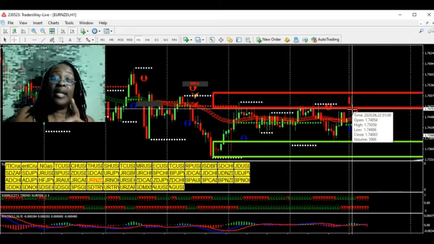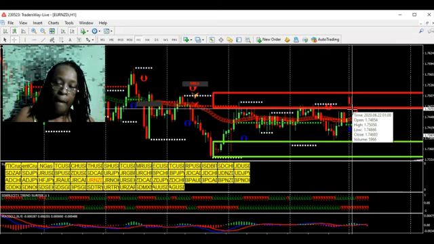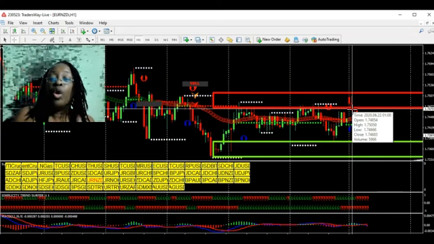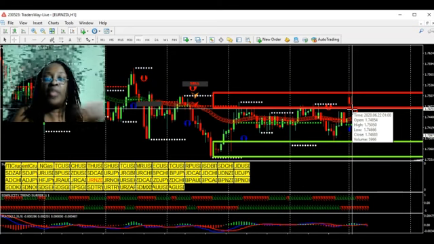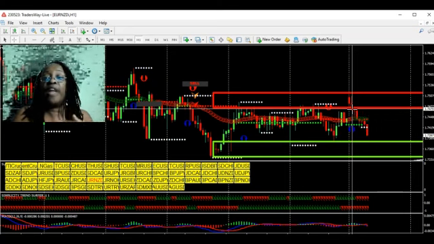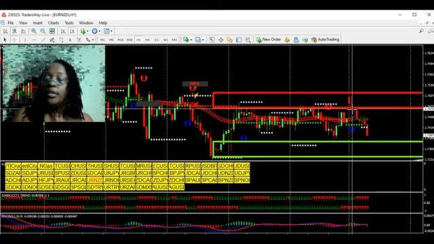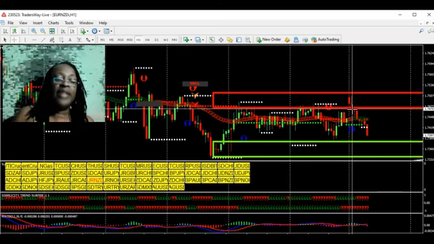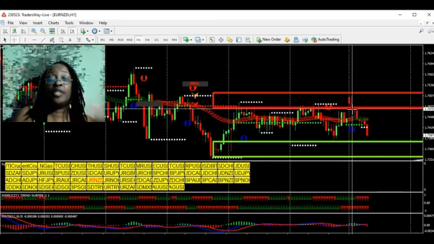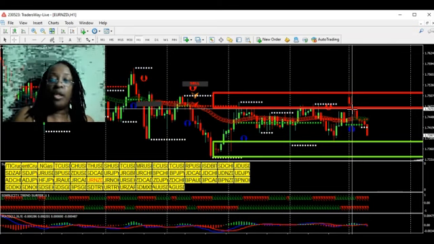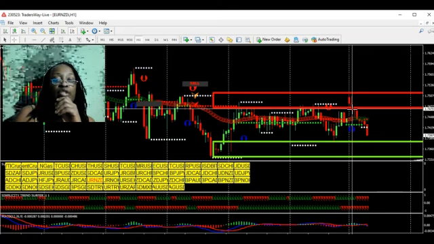Now, if you're selling and your trend surfer is green, don't take the trade, because the trend surfer tells you what the dominant trend is, where the strength lies, whether it's bullish or bearish. And if the strength is reading bullish on both levels, don't take the trade. Wait for the next candle to see what's going on. But if it's opposite and it's bullish bearish, that's perfectly okay. It's perfectly okay to take that trade, right?